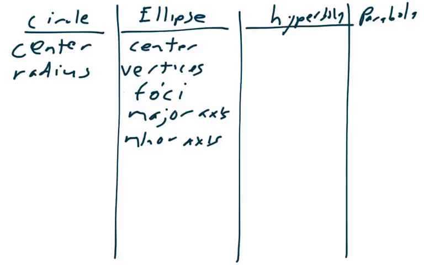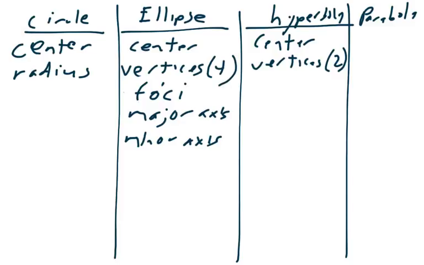For the hyperbola, we have the center again. We have vertices. By the way, for this one, we only have 2 vertices. For the ellipse, we have 4 vertices. We still have the foci.